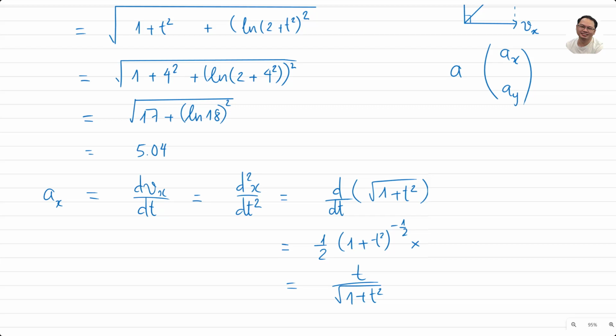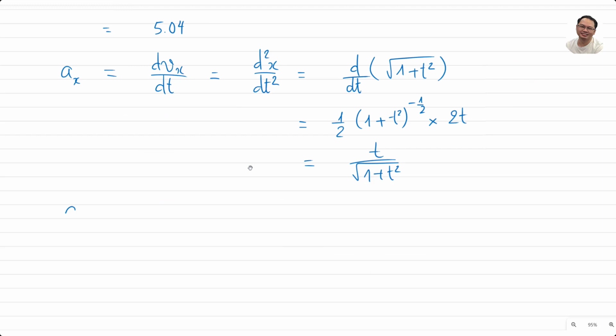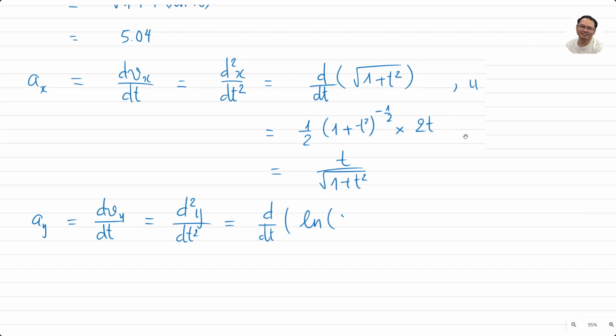Similarly, we'll find the y component of the acceleration. Ay is the differentiation of the vertical velocity, meaning the second differentiation of the position with respect to the time. That is d over dt, differentiation of ln of 2 plus t squared. Again, we use the chain rule.